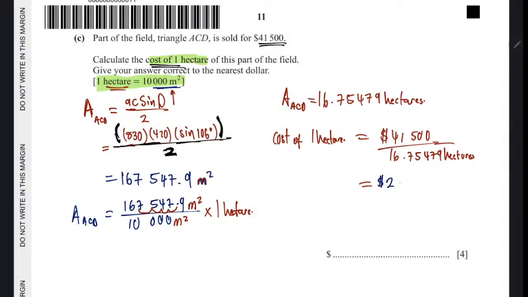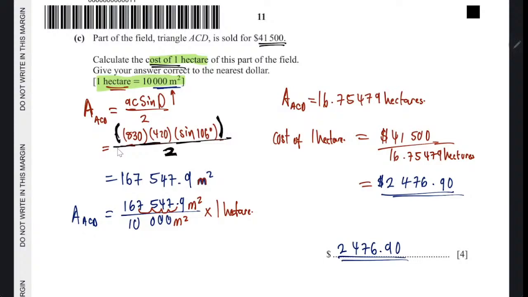Okay. 2,476.90. You remember, for all currencies, you put only 2 numbers after the comma and you stop. So this is your answer: $2,476.90. This is your final solution.